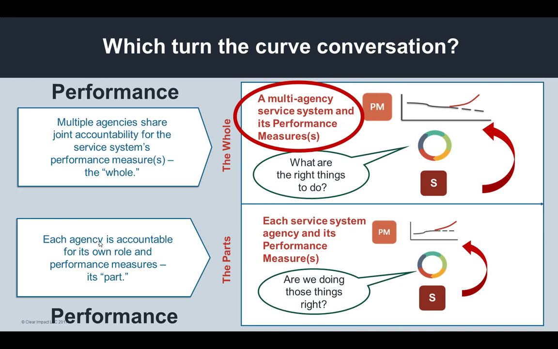So, a multi-agency service system and its performance measures support multiple agencies sharing joint accountability for the services system. Performance measures for the whole. This is performance. And then each agency is accountable for its own role and performance measures, its part, wherein each service system agency and its performance measures are answering the question, are we doing those things right?